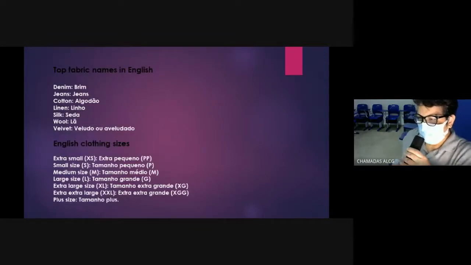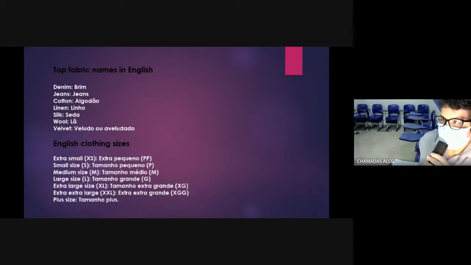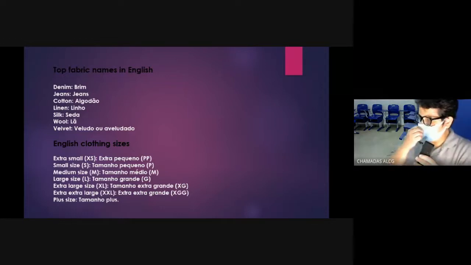Top fabric names in English: denim, jeans, cotton, lining, silk, wool and velvet. English clothing sizes: extra small, small, medium, large, extra large, and plus size.